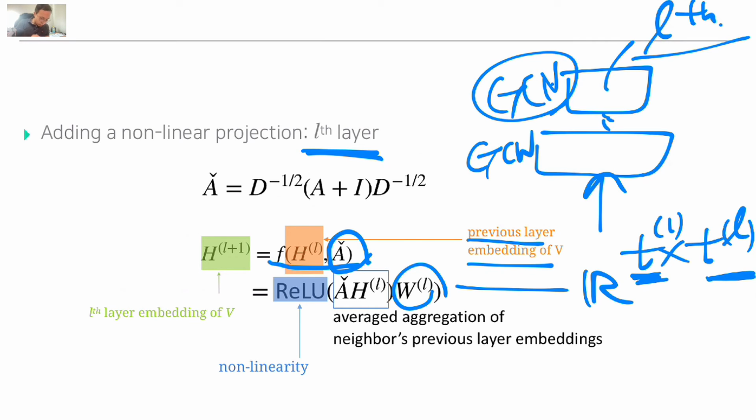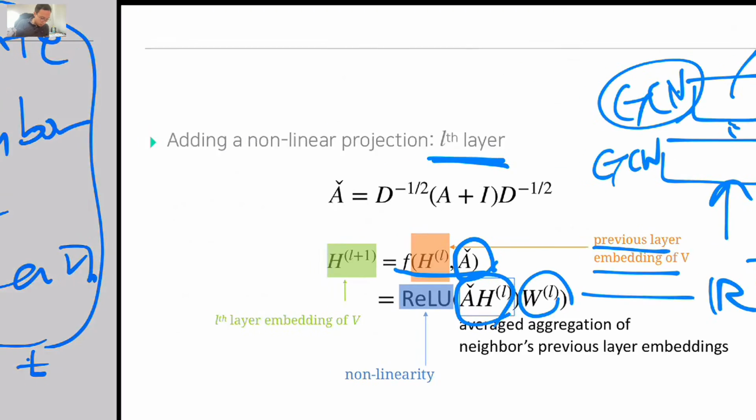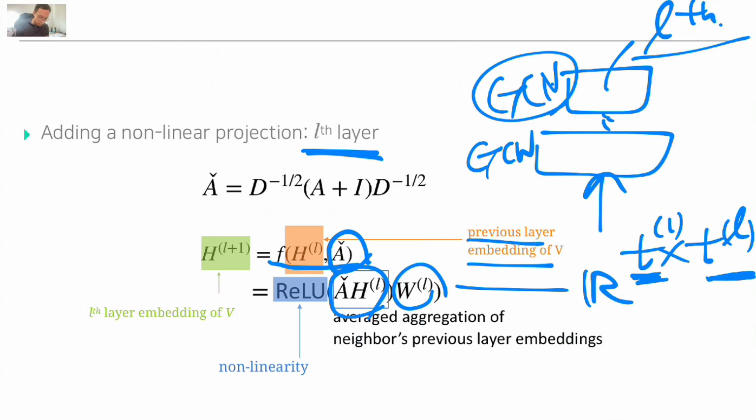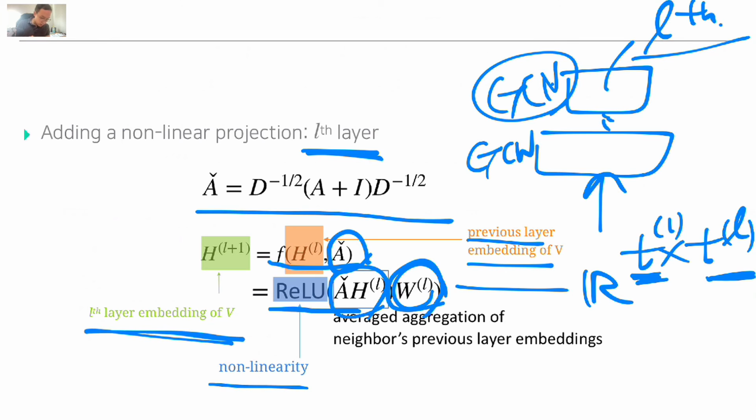And we aggregate the neighboring embeddings. Similarly, we propagate the embedding information using the adjacency. Then we get the weighted sum, add nonlinearity, and project into another space, and we get another embedding, the Lth layer's embedding.